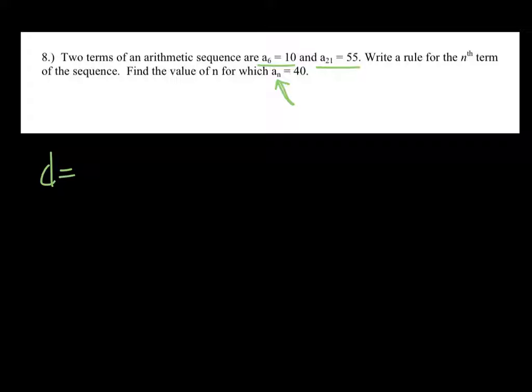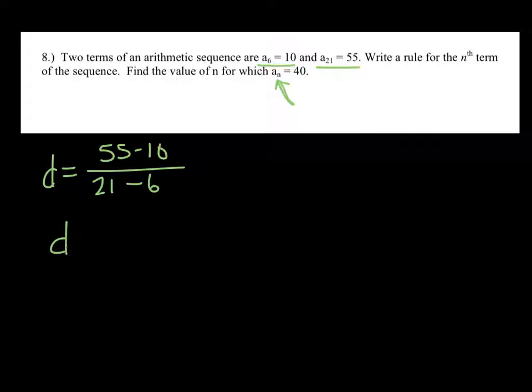So if you're putting output over input, just like when you find slope, y over x, you would do 55 minus 10 over 21 minus 6.